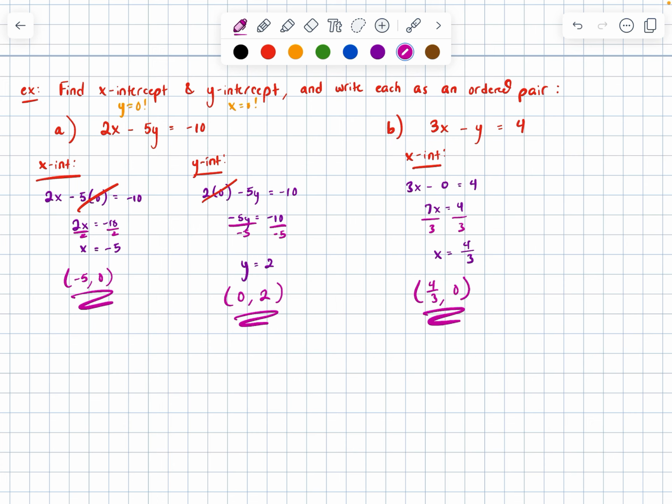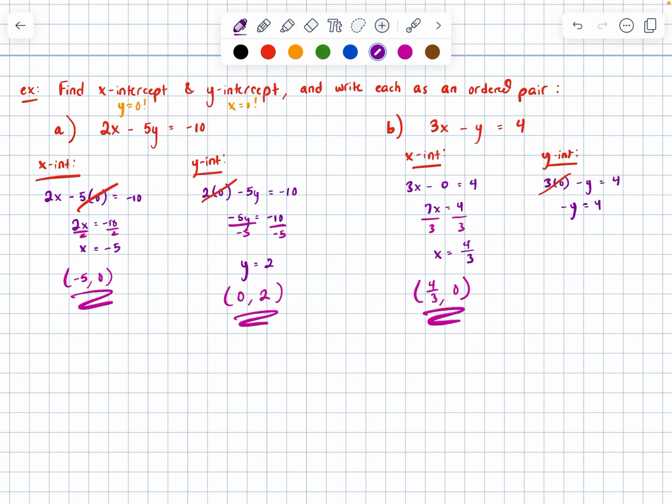And of course, to get the x-intercept, we said y has to be 0. There's our ordered pair. And finally, for our y-intercept, again, to find the y-intercept, I plug in 0 for x. So this is going to become 3 times 0 minus y equals 4.